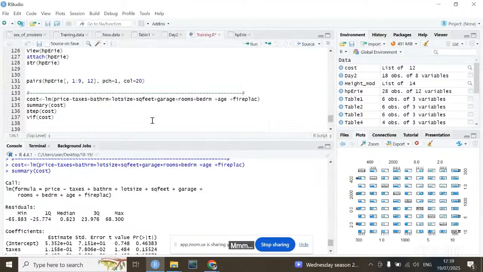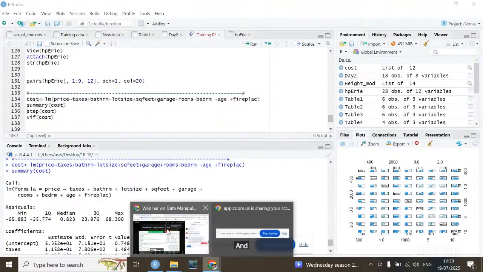How many people are familiar with stepwise regression? Are there people who have ever done stepwise regression?